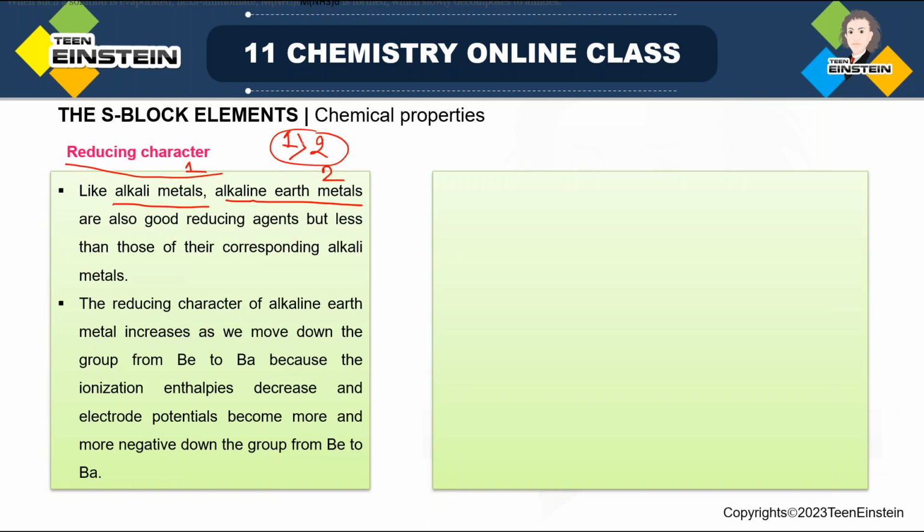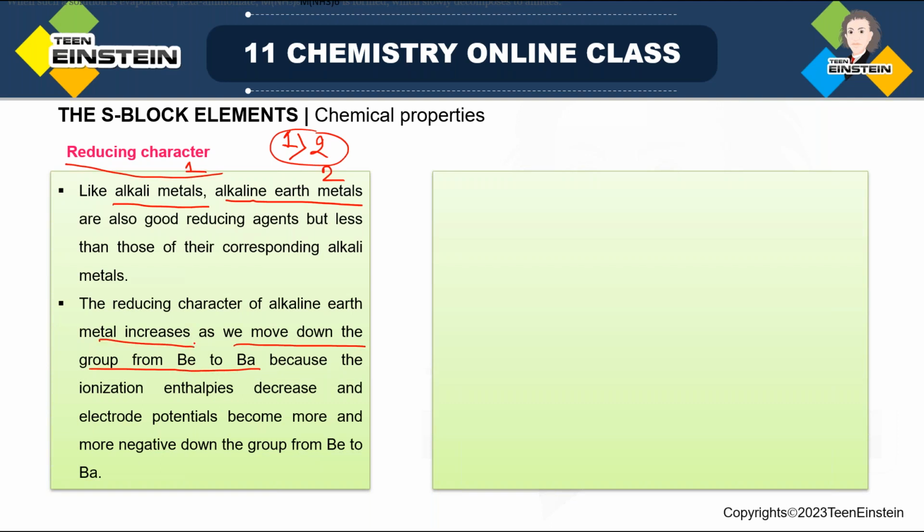Now, within the group, how does the reducing character of alkaline earth metals change? We have already compared group 1 and group 2. But now just focus on the group as we move down. When we move down the group, starting from beryllium up to barium, reducing character increases.